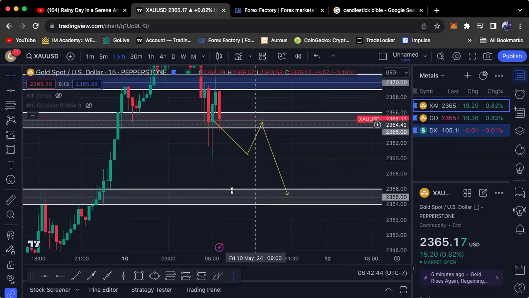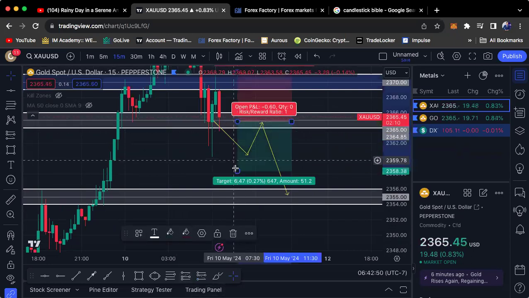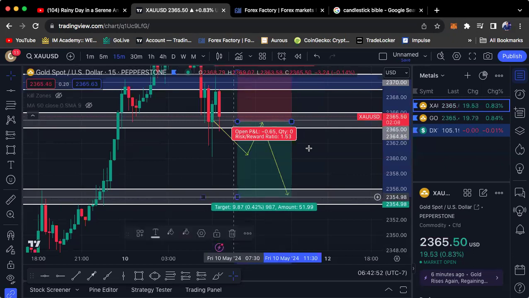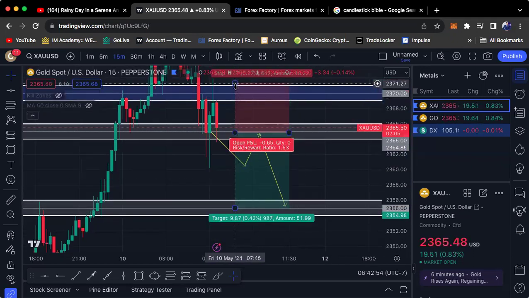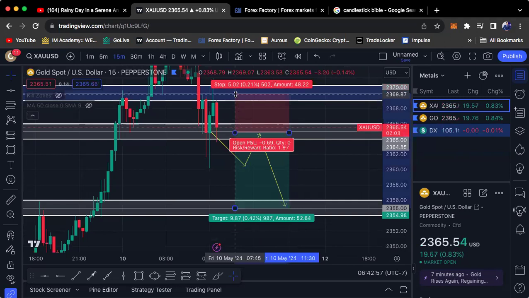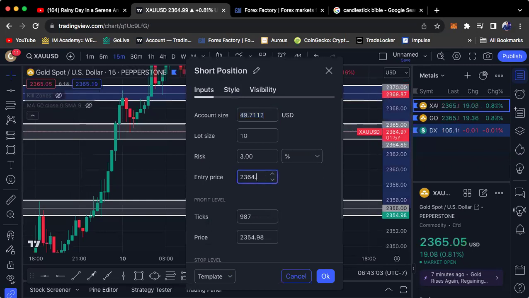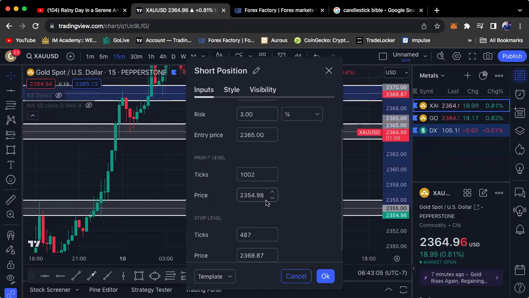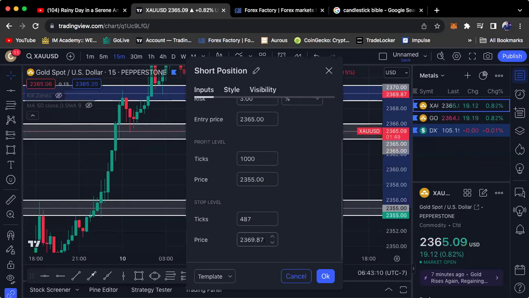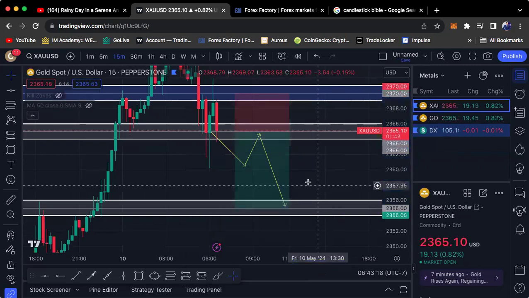This is more of a 1 to 2 risk to reward. 23.65 is my entry. 23.55 is my take profit two. And 23.70 is my stop loss. My stop loss is 50 pips. That's a 1 to 2 risk reward right there.